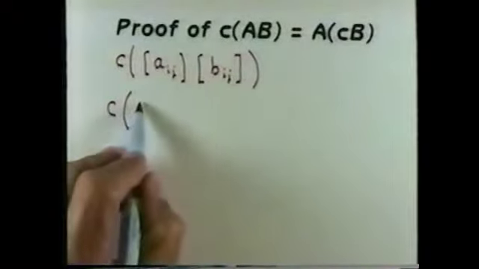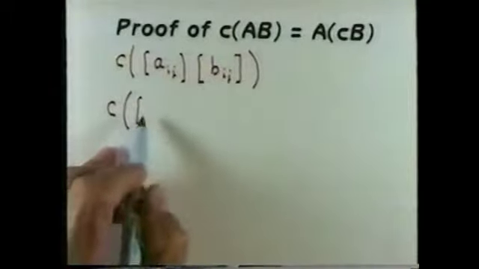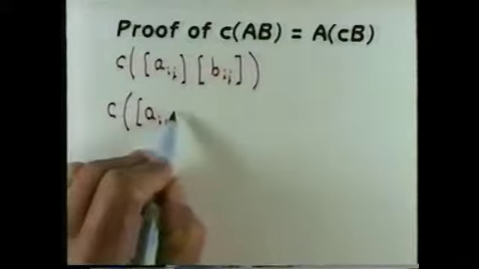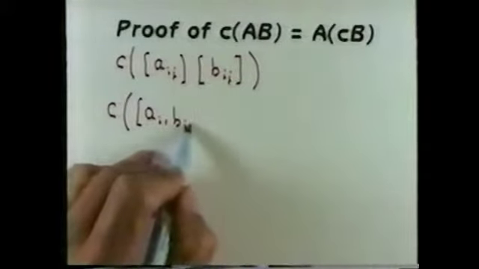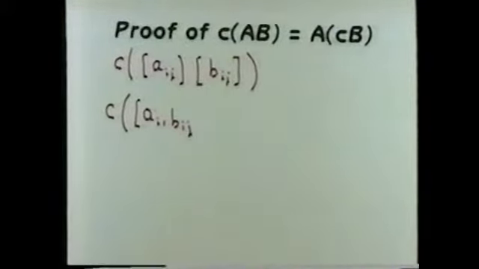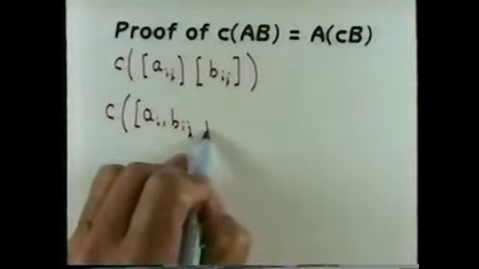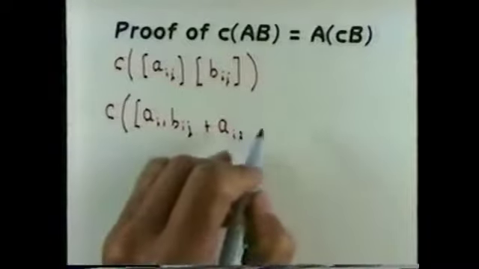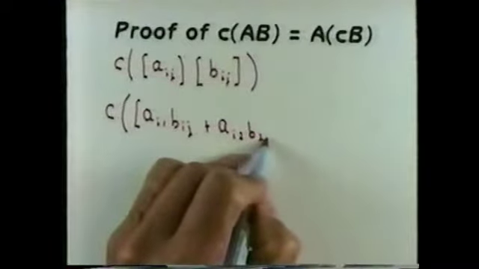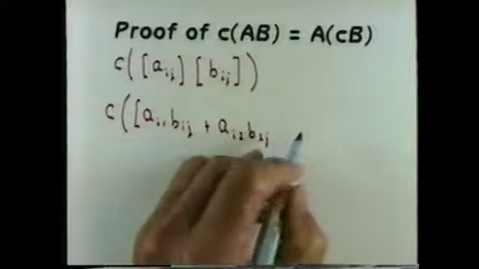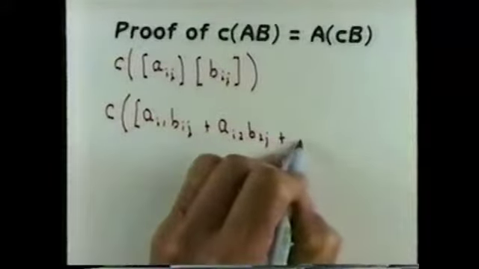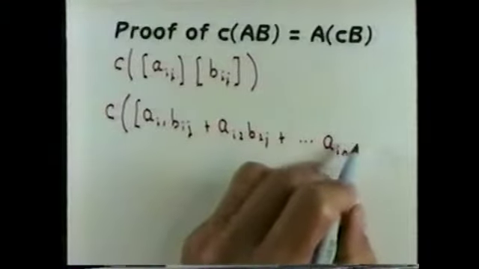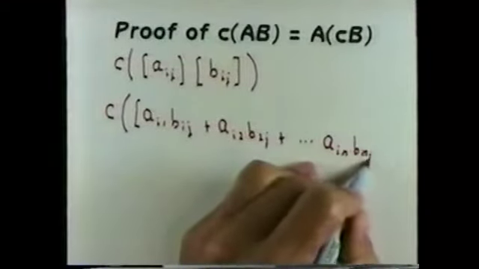So that's going to be the matrix Ai1 B1j plus Ai2 B2j plus out to Ain Bnj.